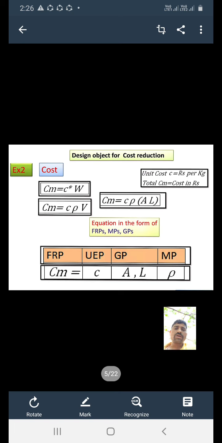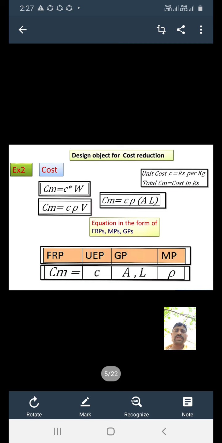It is related to the cost. Then which parameters come under it? The FRPs, MPs and GPs, meaning functional requirement parameters, material parameters and geometrical parameters, under the cost. CM is the minimum cost, equal to unit cost into W.